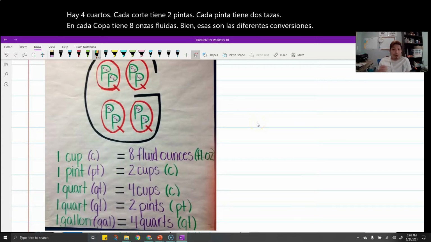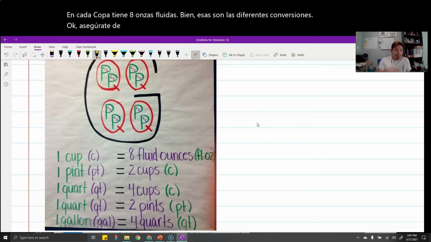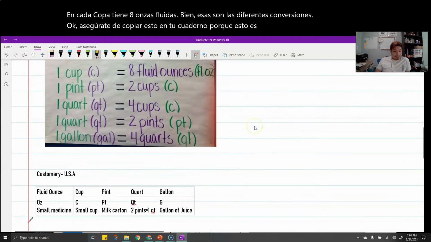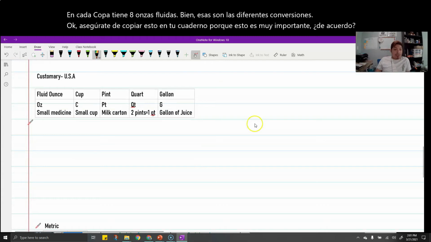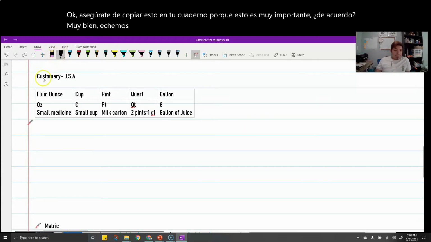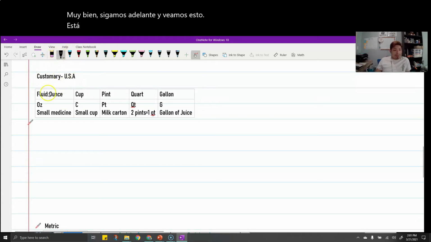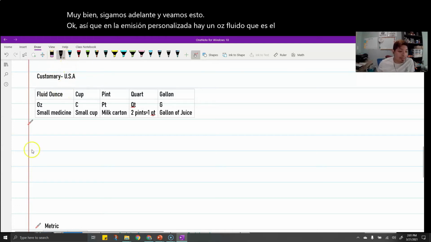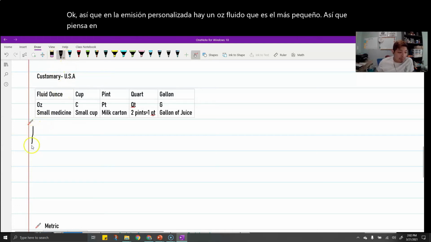Okay, make sure you are copying this down in your notebook because this is very important, okay? Alright, so let's go ahead and look at this. In the customary system, there's a fluid ounce, which is the smallest one. So think of medicine. I'm gonna draw a little cup with medicine in there.